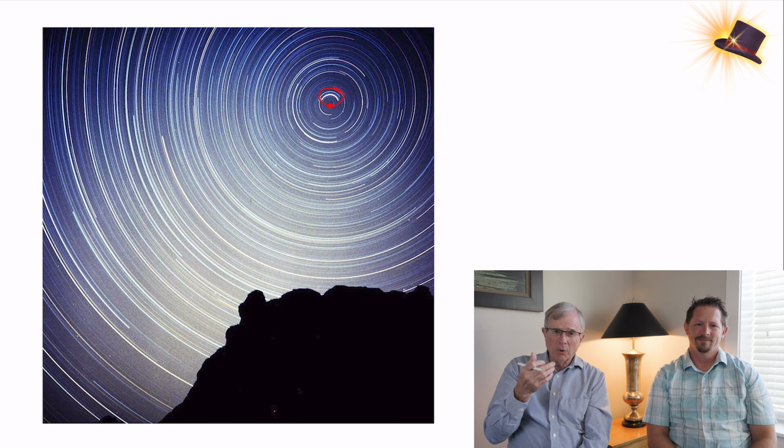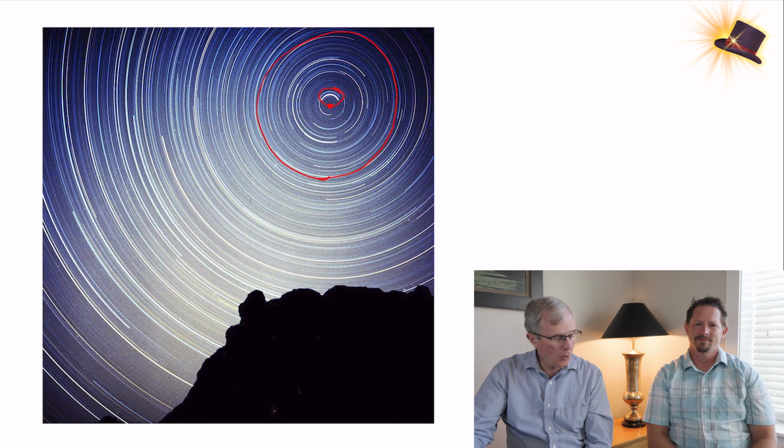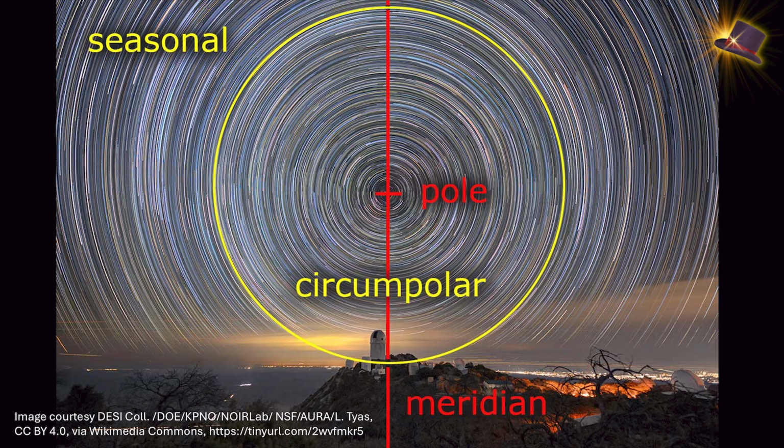So yeah, that's what circumpolar stars do. During the course of a day, they'll circle around. They're always above the horizon, not necessarily always visible because of the sun. This is a long exposure photograph of the northern sky taken of the Kitt Peak Astronomical Observatory in Arizona in the United States.